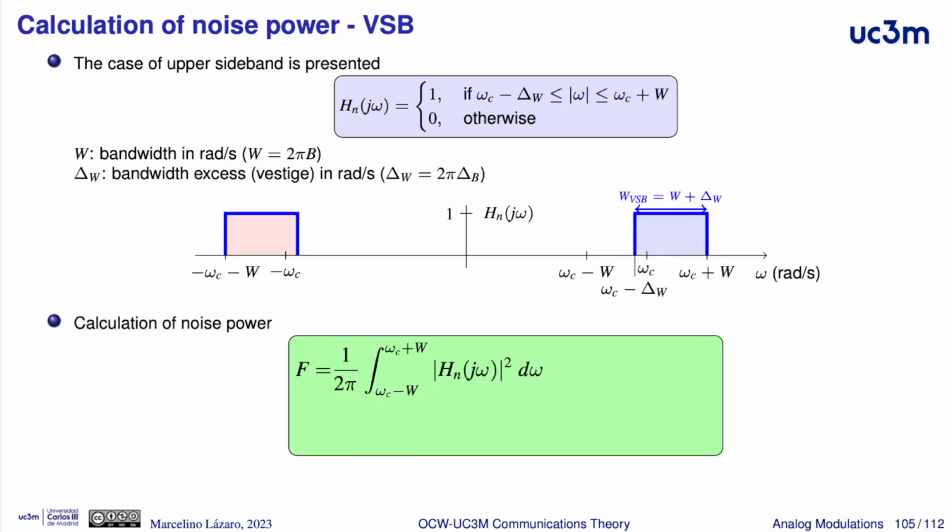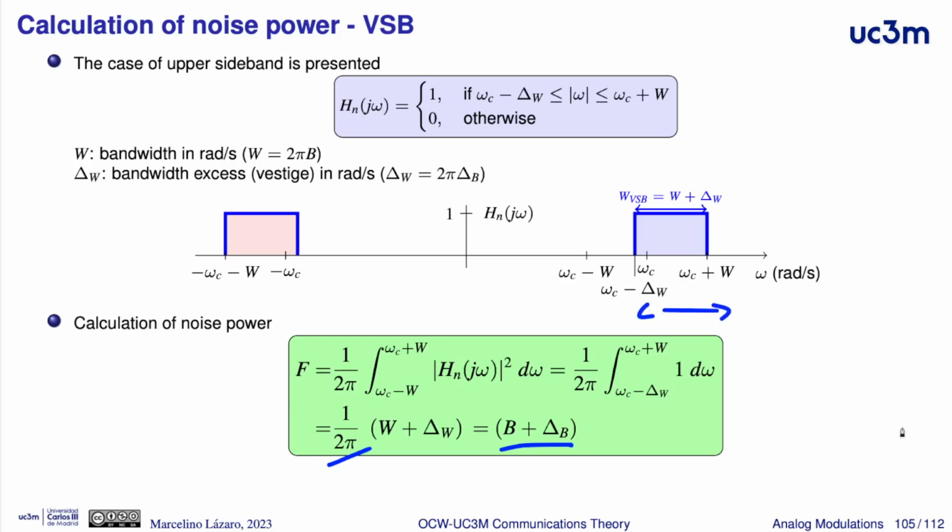It's straightforward to see that the integral of this response in the range between omega c minus W and omega c plus W corresponds to integrating a constant value 1 in an interval of length W plus the vestige, which in hertz, with the result divided by 2 times pi, is B plus delta B. The bandwidth in hertz of a vestigial sideband modulation.